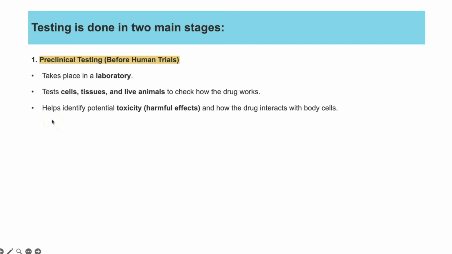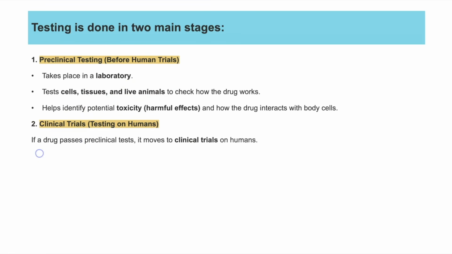And the point of these stages are to help to look for any potential side effects. So it's testing for toxicity and looking at how the drug interacts with body cells. If the drug passes this stage, meaning it didn't cause any harmful effects to the cells or the live animals, then you go on to step two, which is clinical trials, which is now when we test the drug on humans.